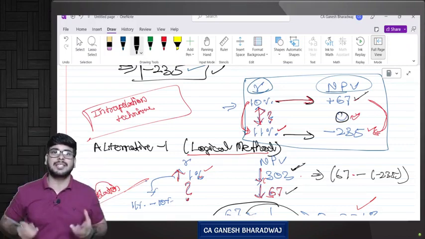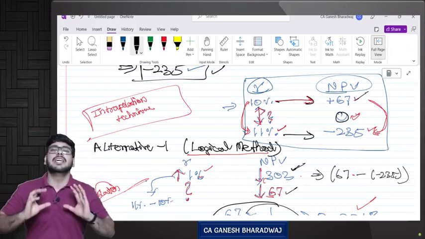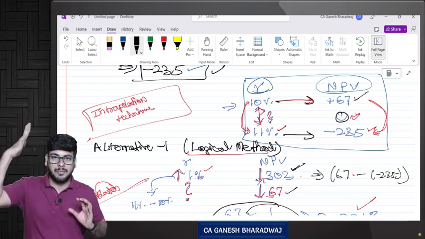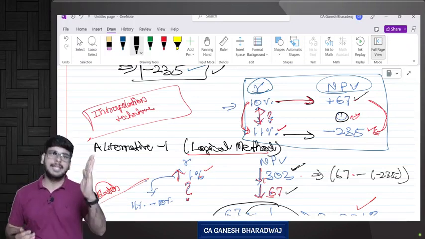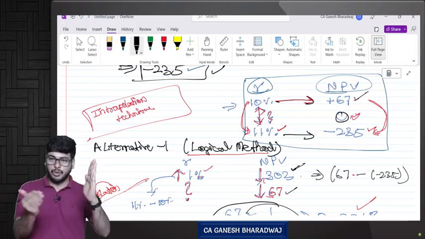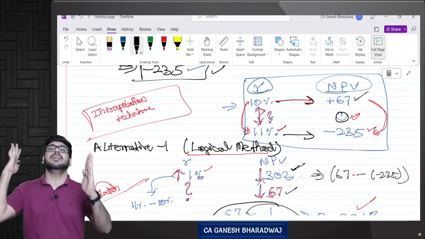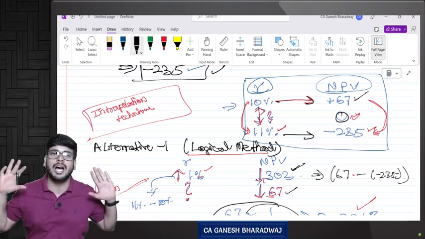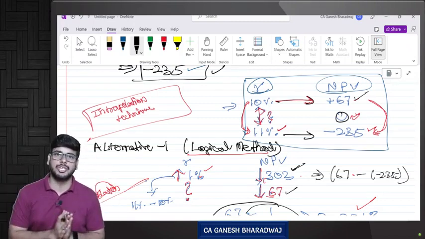Only if it exactly drops by 67 rupees from 10%, my NPV will be 0. Correct or not? What should be the extra percentage so that your NPV drops exactly by 67 rupees, making your NPV equal to 0? Are you clear with this?